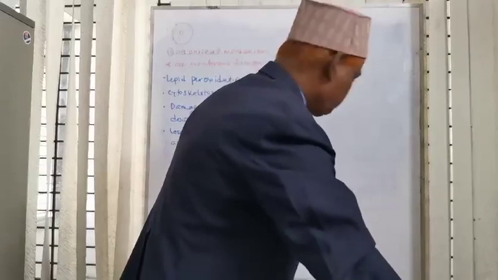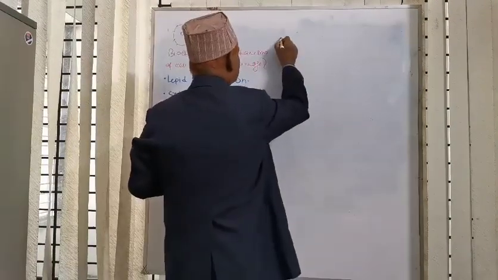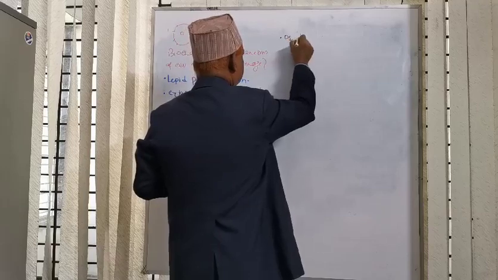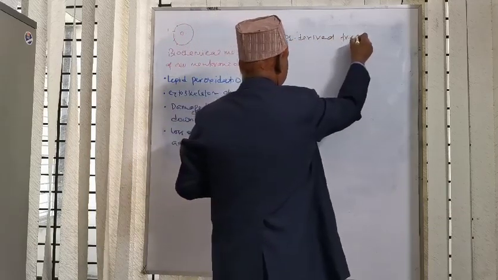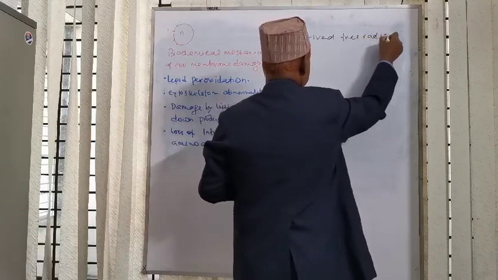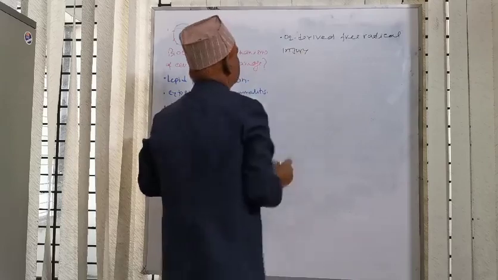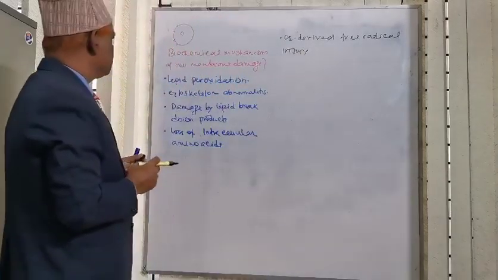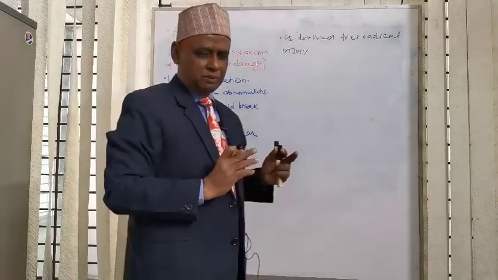There is also another mechanism associated with cell membrane damage, oxygen derived free radical injury of the cell membrane. So this is all about irreversible cell injury.